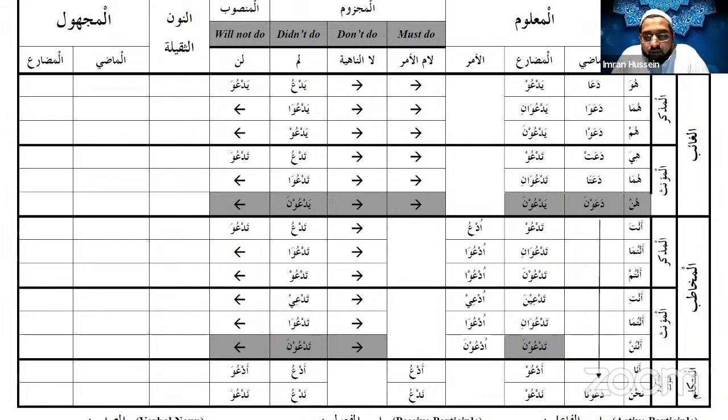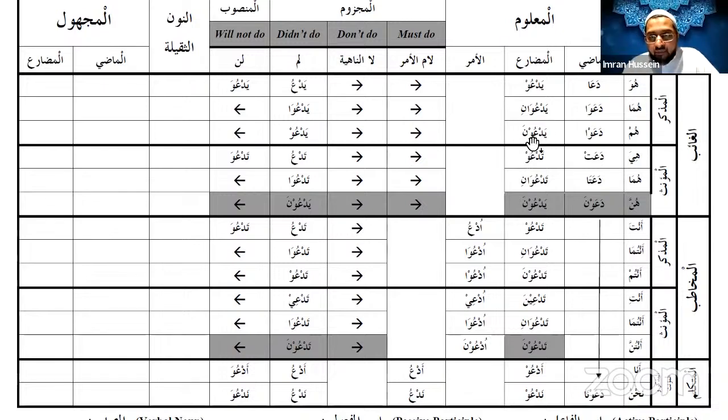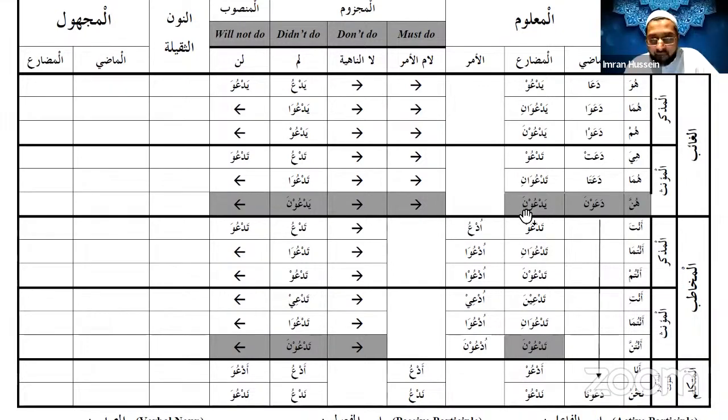So we can only know by the context what it is referring to. Here yad'uwuna, this waw and noon is for the plural masculine, and here the noon is noonun niswa. Then continue, tad'una and tad'una again, same.